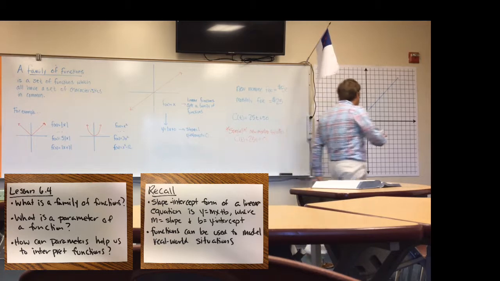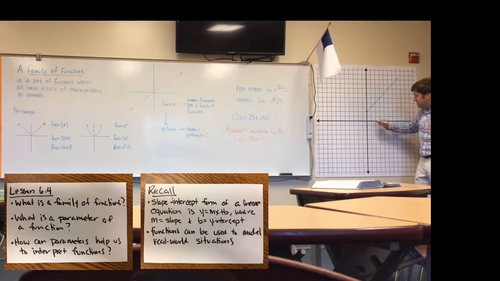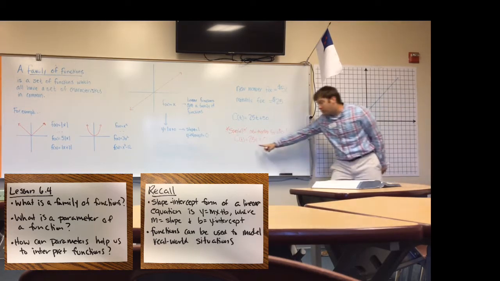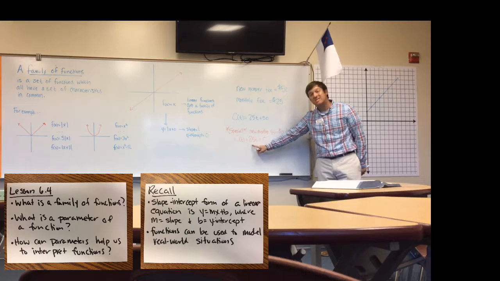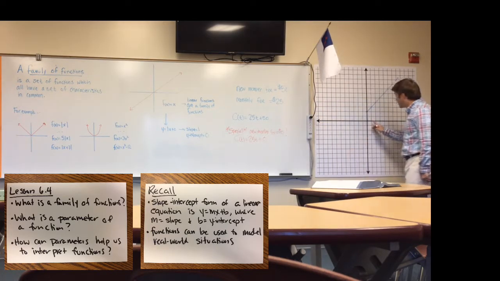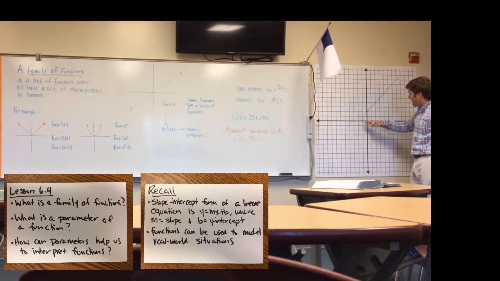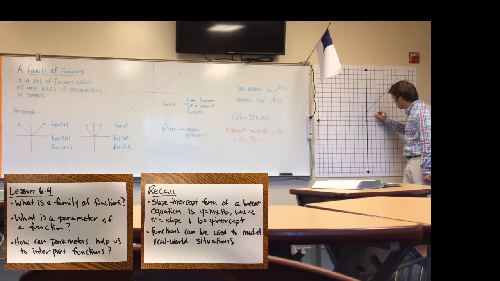Now our y-intercept is 0, so it's going to start right here. But our slope, 25, is still the same. Again, my scale is 25 for every line on the y and 1 month for every line on the x. So I'm going to go right here, right here, right here, right here.